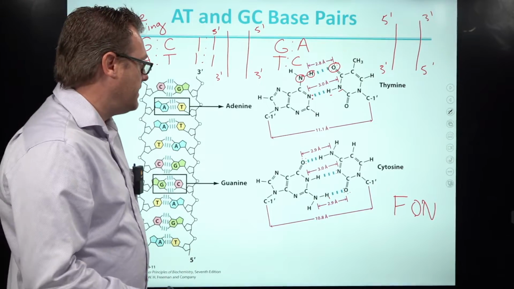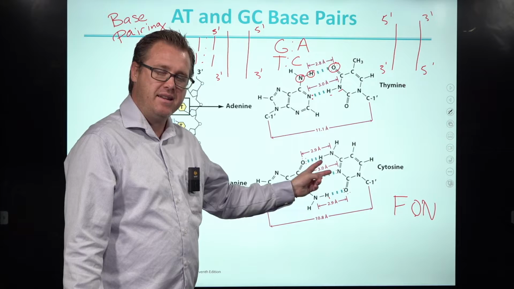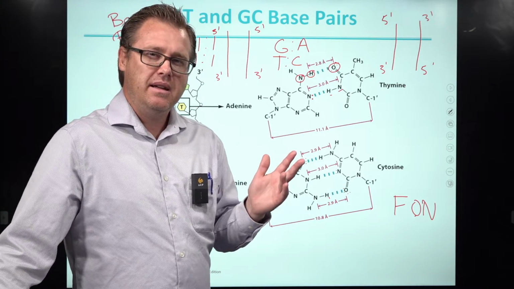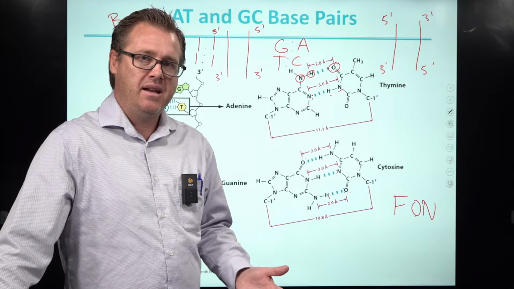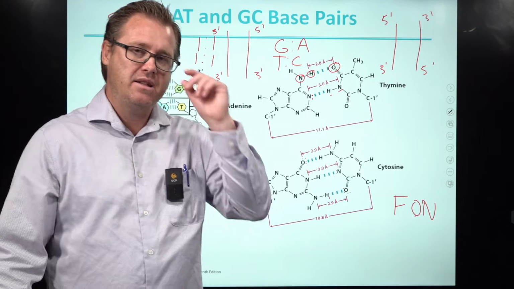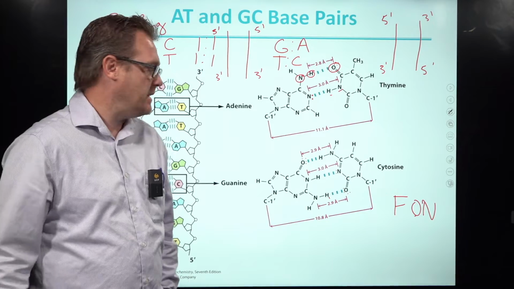And so that idea of the GC content makes the melting point higher is something that we have to consider when we design DNA primers. And that conversation is going to be had when we look at PCR. Okay?